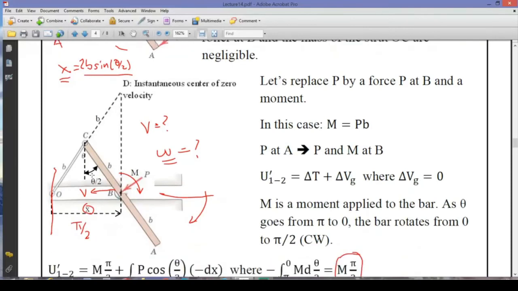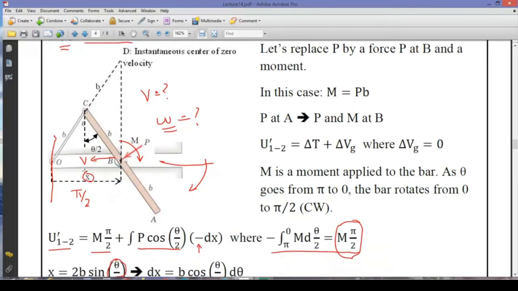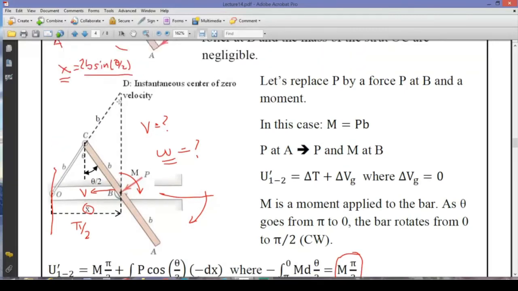Now, V and omega, are they related to each other? They are related to each other by the instantaneous center of zero velocity. This is true for any rigid body. Velocity and omega will be related to each other if you can use this instantaneous center of zero velocity. The good news is that at the beginning of the motion, the linear velocity and angular velocity are equal to zero.